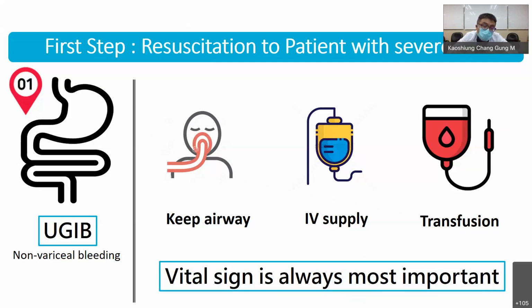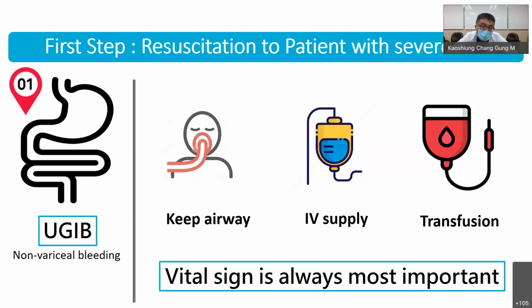As you know, if patients have a large amount of upper gastrointestinal bleeding, they may have a large amount of bloody vomitus. That will cause suffocation and aspiration. So you need to keep the patient's airway free. If unstable, maybe you need to do intubation.